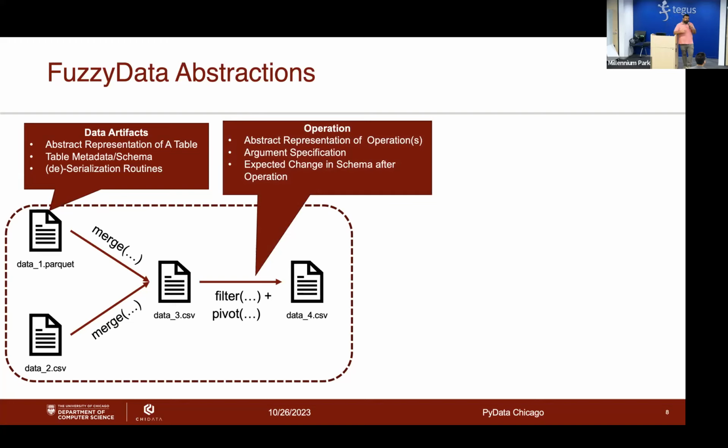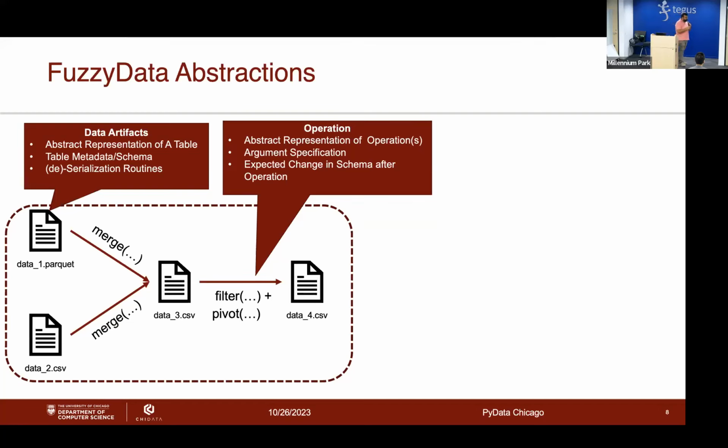Currently, it's a small subset of operations, but we would like to grow this over time, right? Pandas has hundreds of different operations that you can do on data frames. So we want to have an abstract representation of these operations, how the arguments are specified, and how we expect the schema of the data frame to change when we apply this operation. So all of this is abstracted into fuzzydata.